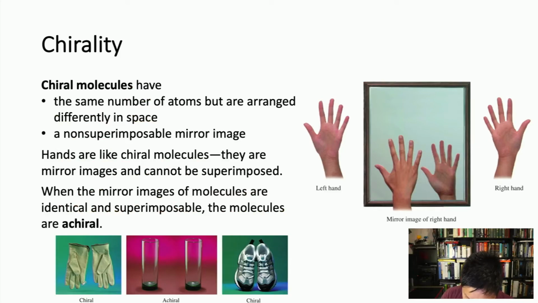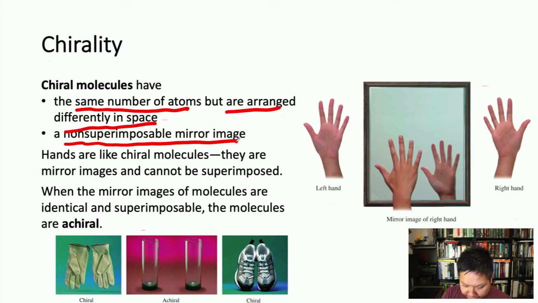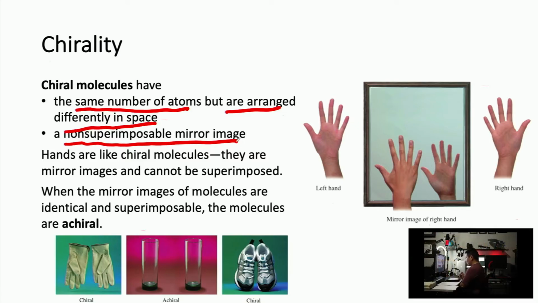So what are chiral molecules? Chiral molecules have the same number of atoms, but again, they're arranged differently in space. And they are non-superimposable images, just to reiterate. So a good example of something that is chiral is your hands. Your hands are identical when you see them; when you put both your hands together like this, they're mirrors of each other.